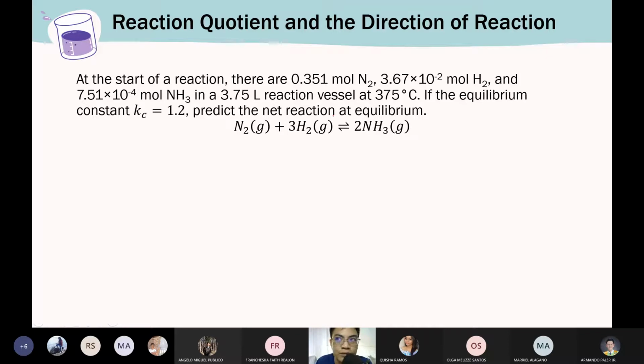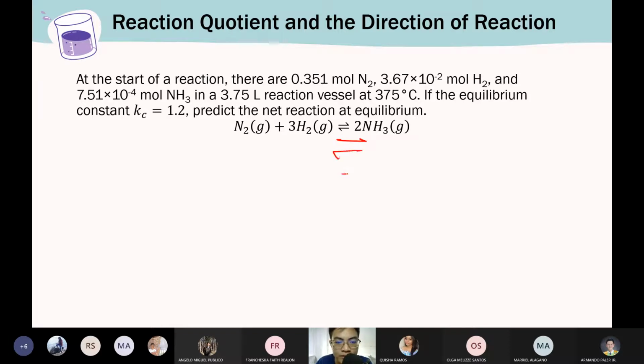And kapag nag-start yan, pag minix mo sila, so depending on the Q value, pwede mo malaman kung to the right or to the left yung reaction. Okay? So if the equilibrium constant is 1.2, predict the direction of the reaction or the net reaction. Is it going to the right side? Is it going to the left side?